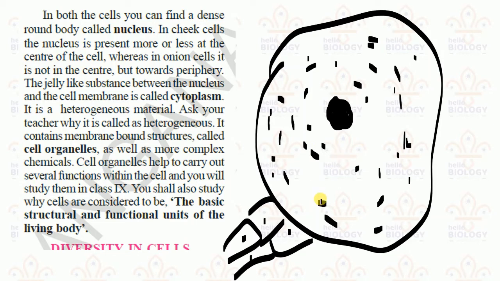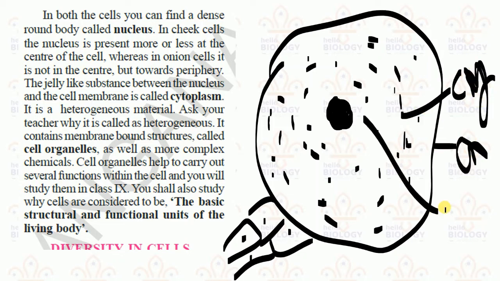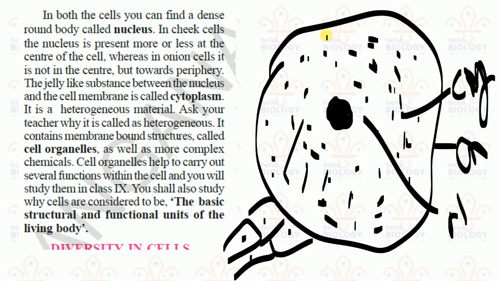Clear definitions will be there in your higher classes, 9th class. As of now, if you remember 3 parts, it is important: cell membrane, cytoplasm and nucleus. And cytoplasm is a heterogeneous material, which means it is not similar everywhere. There are different parts within the cell cytoplasm, called cell organelles.